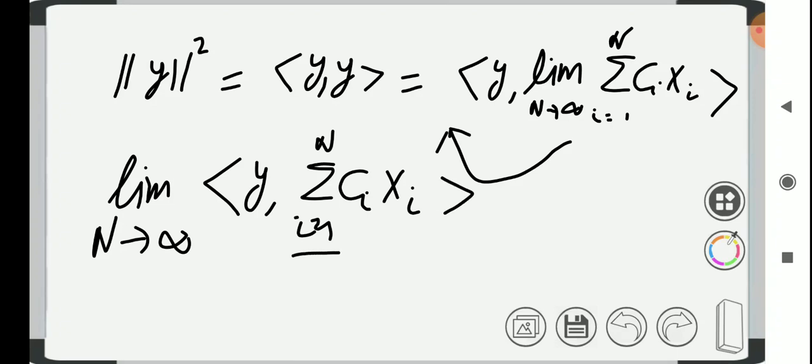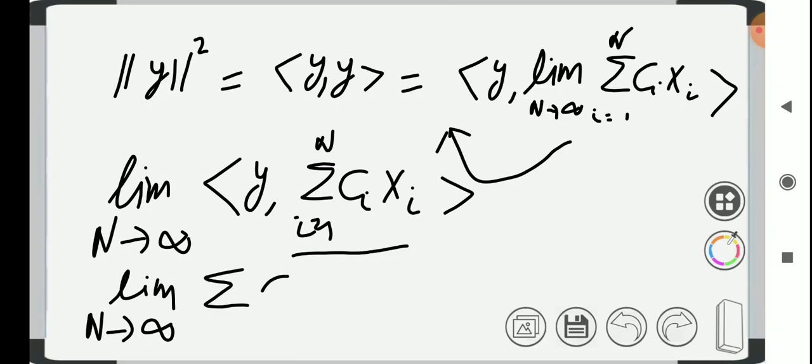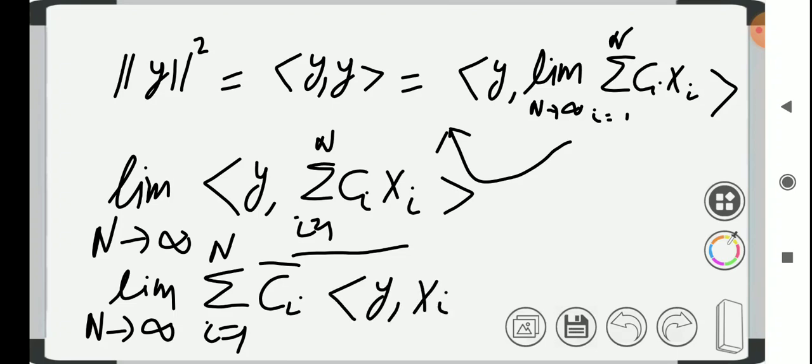Now this is a finite sum, and we also know that the inner product in the second variable is antilinear, so we can bring out the sum with the conjugate. That is, we can write the limit as n goes to infinity of the summation of ci conjugate, i goes from 1 to n, times the inner product of y with xi, by the antilinearity property of the inner product in the second variable.